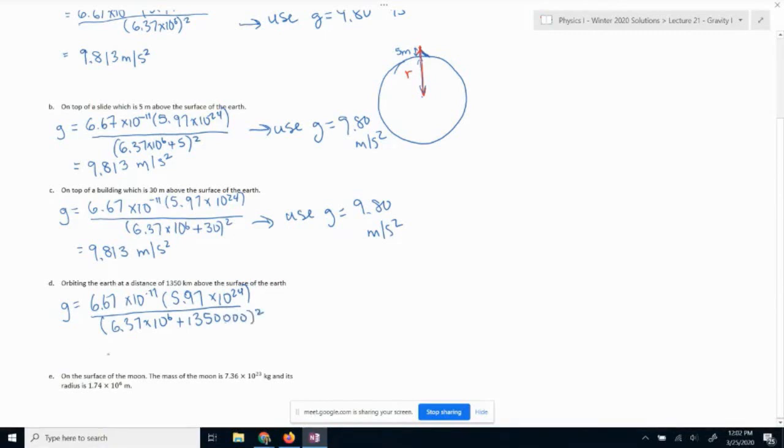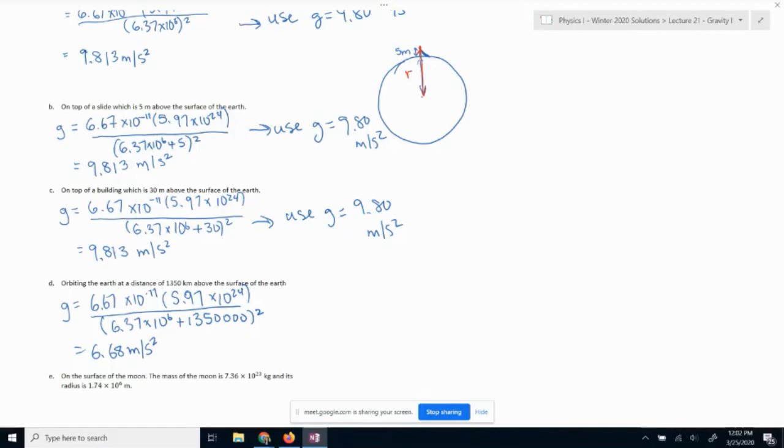and then squared. Now when I do that on my calculator, I'm going to check to see what I get here. So now I'm getting 6.68 meters per second squared. So now we cannot use g equals 9.80 meters per second squared anymore.